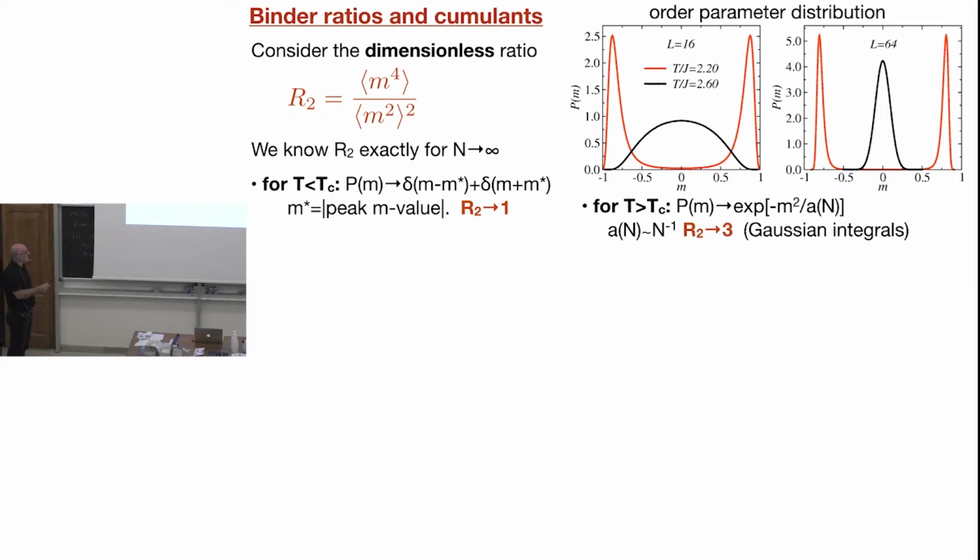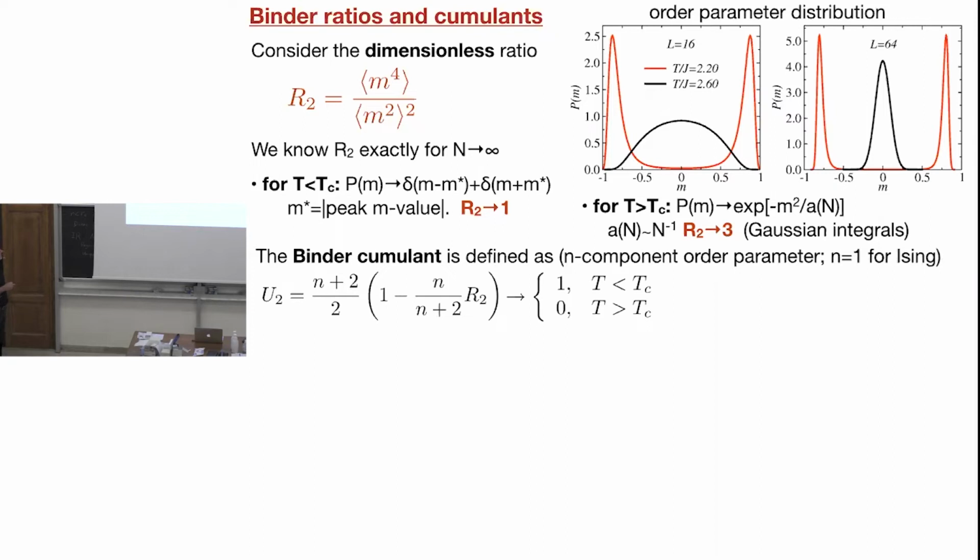If you are in the disordered state, then you basically have a Gaussian peak centered around 0. To calculate this ratio, you need to calculate two Gaussian integrals, which I think we can all do. In the case of a scalar order parameter, if you just have a Gaussian there, you will see that this ratio becomes equal to 3.